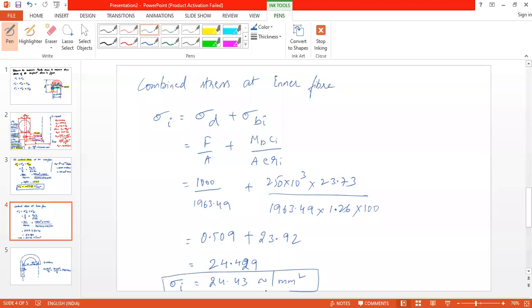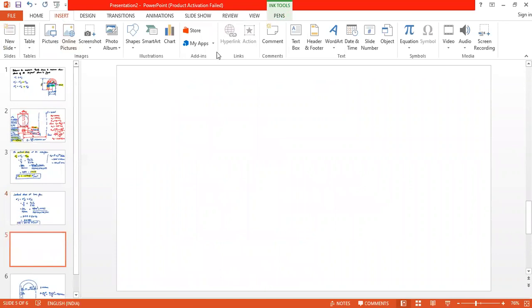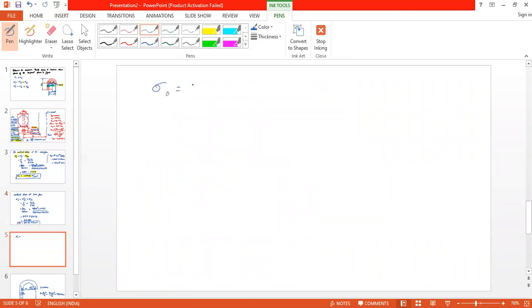This is stress at the inner fiber. So sigma O is minus 17.18 Newton per mm square, and sigma I is 24.43 Newton per mm square.